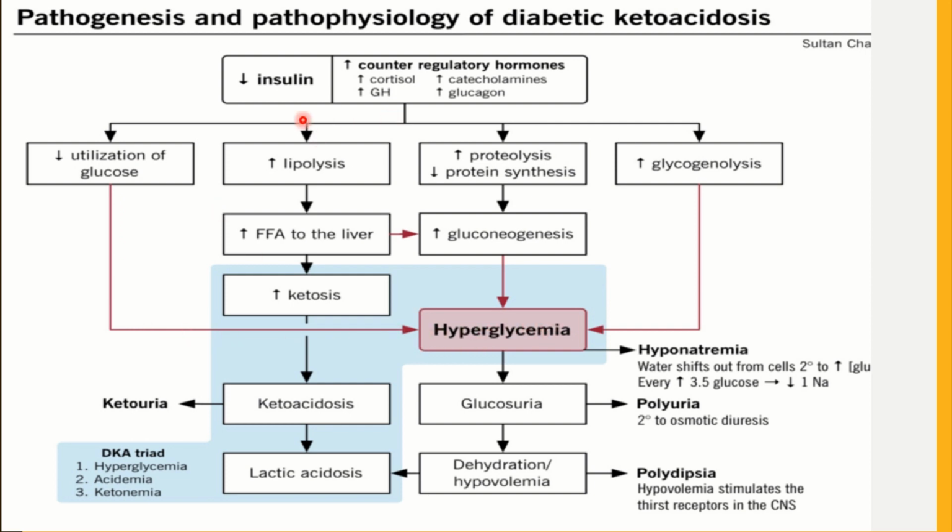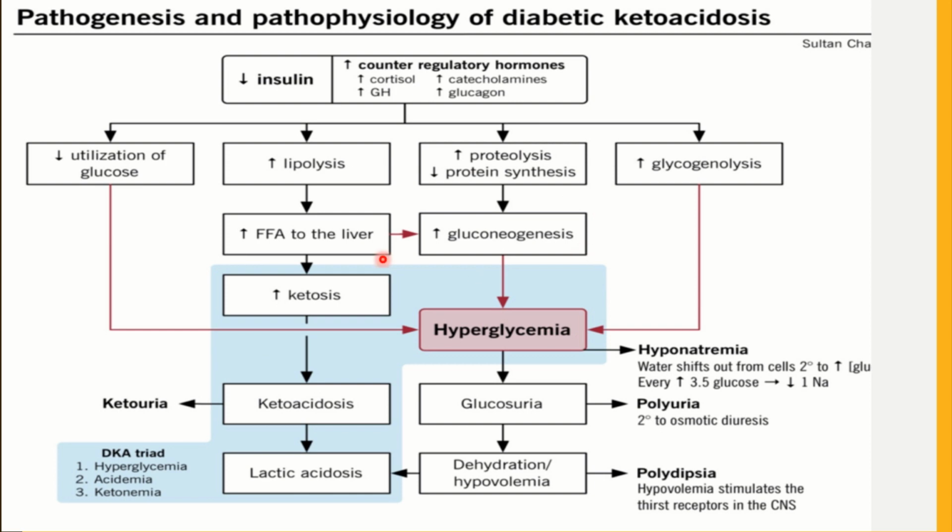Also we saw that insulin reduces lipolysis, but since there is no insulin now, it will increase lipolysis. When there is increased lipolysis, there is increased free fatty acid. When there is increased free fatty acid, that will cause gluconeogenesis. Also it will cause ketosis. Ketosis will lead to ketoacidosis. Okay. Insulin deficiency also leads to protein lysis, so there will be protein lysis and decreased protein synthesis.